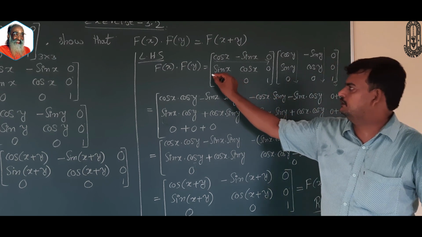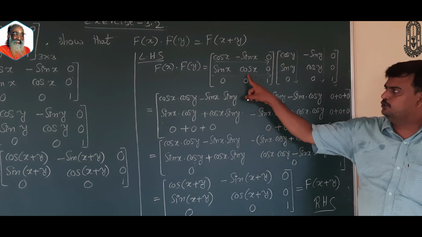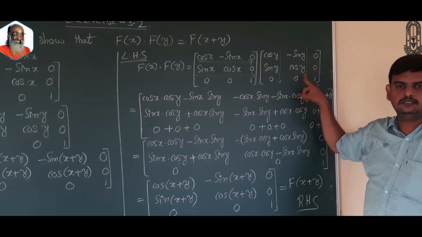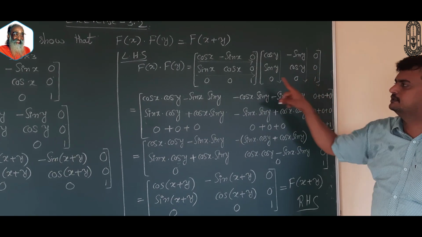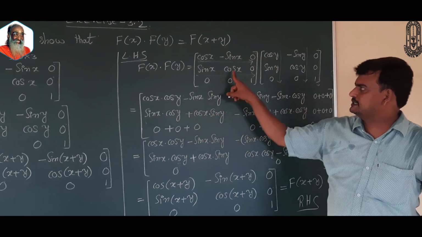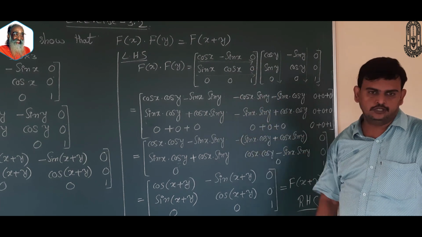Now we are going with row 2. With row 2 elements, we are going to multiply column 1 elements, column 2 elements and also column 3 elements. Sin x into cos y plus cos x into sin y, 0, 0 is 0.